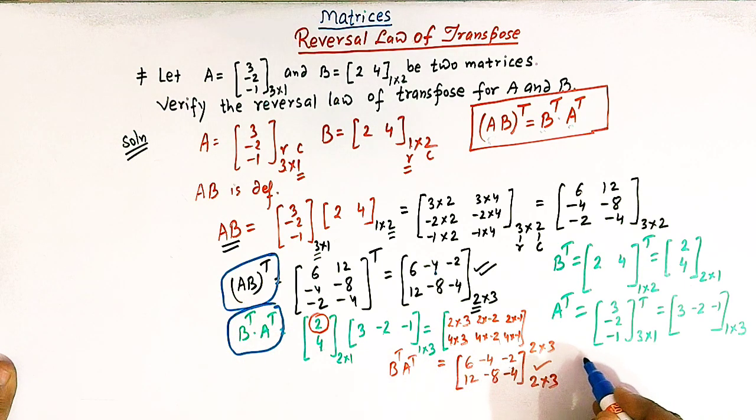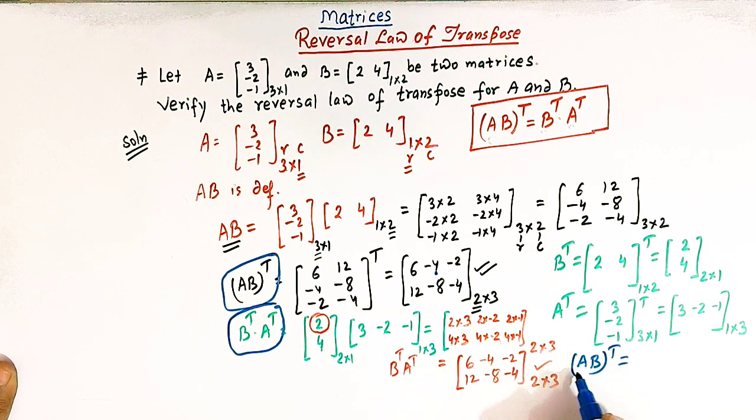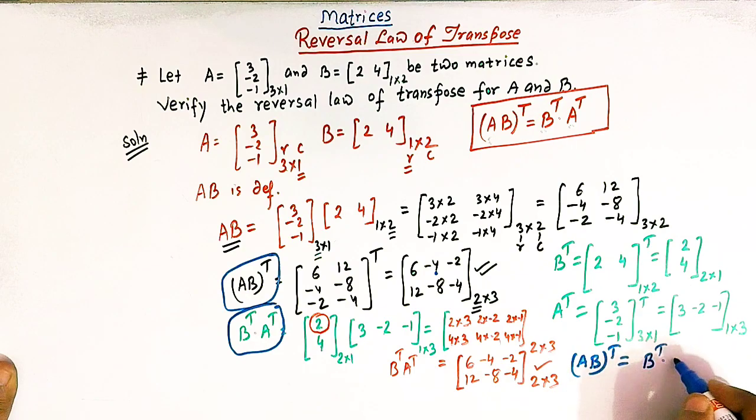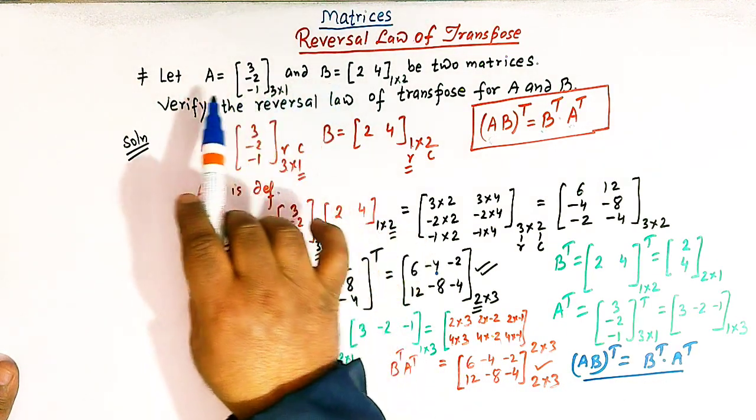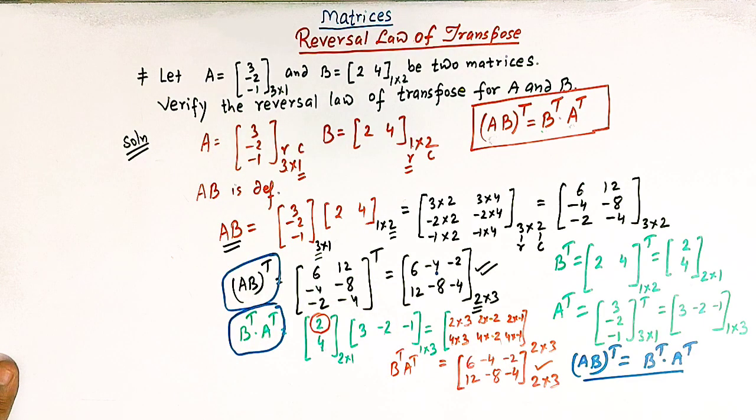So we can claim that the transpose of the product of A and B is given by B transpose times A transpose, right? And this is a very important rule in matrices, which is known as reversal law of transpose. And this is how we can verify this rule by using these two matrices A and B, right?